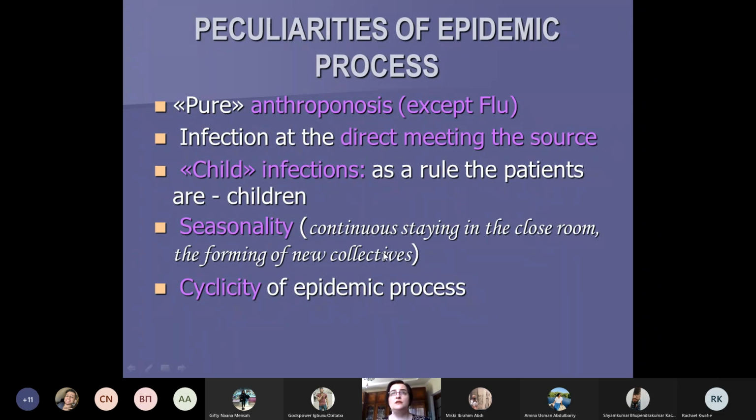And you see now the situation with COVID: nobody had immunity against COVID at the beginning of the pandemic, and that's why each person is under attack. We will see what will be.